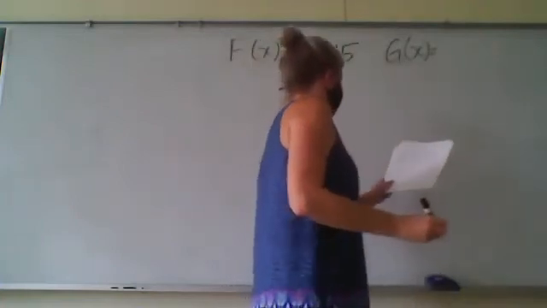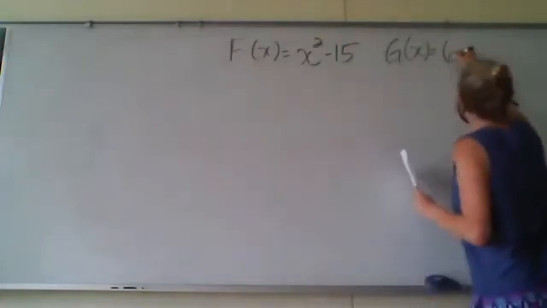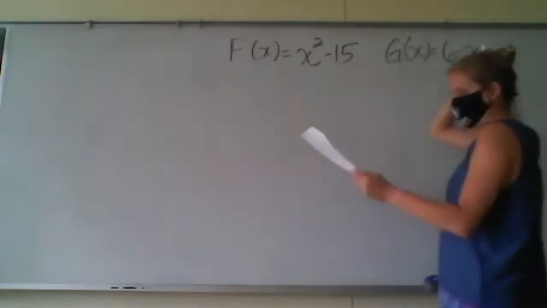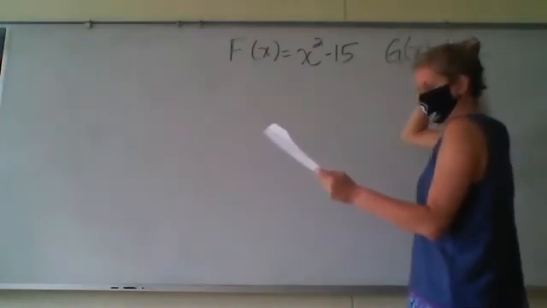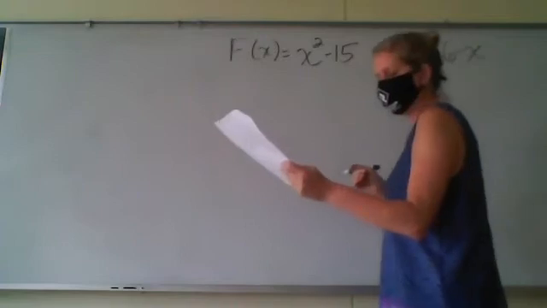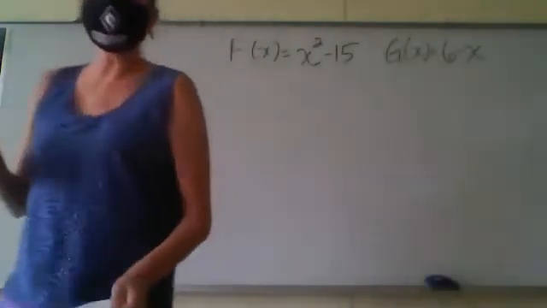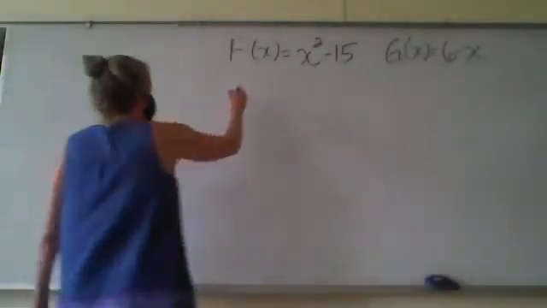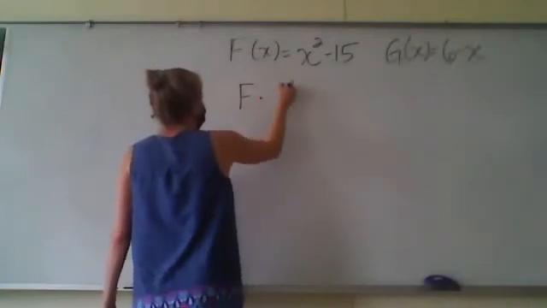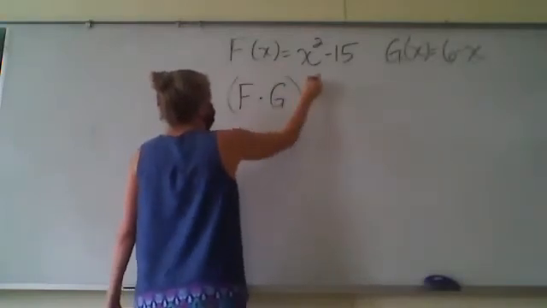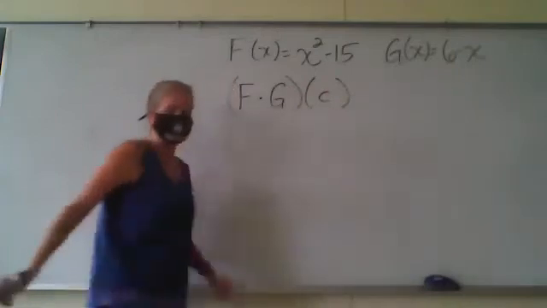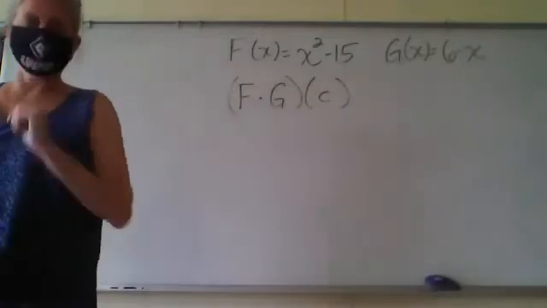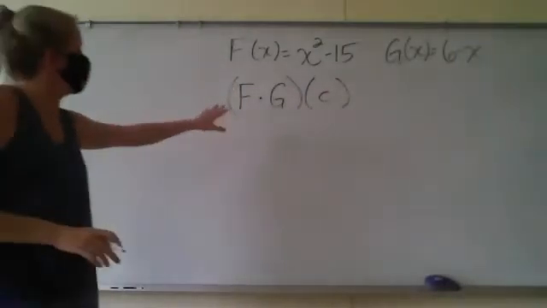G of x is 6 minus x. And it wants me to find f times g of c. Okay, so this one's a little different. It's just not plugging in a number.